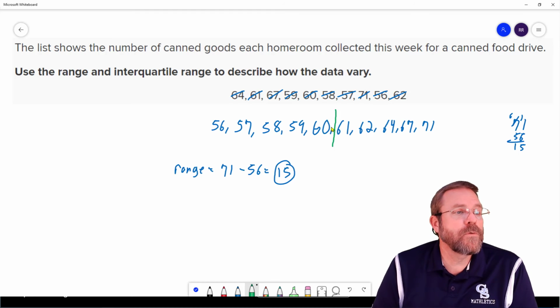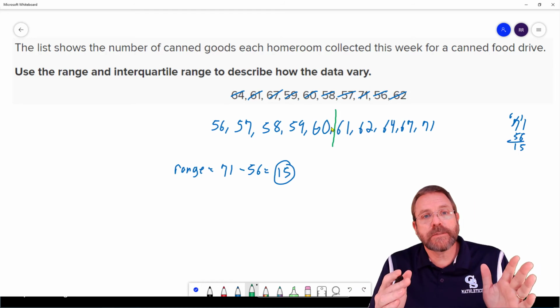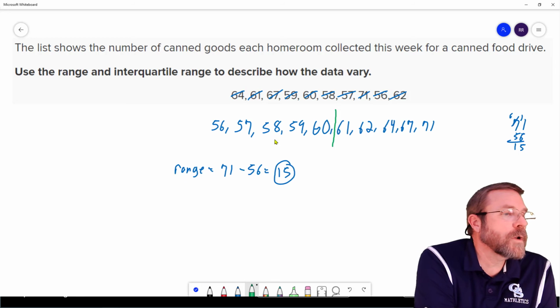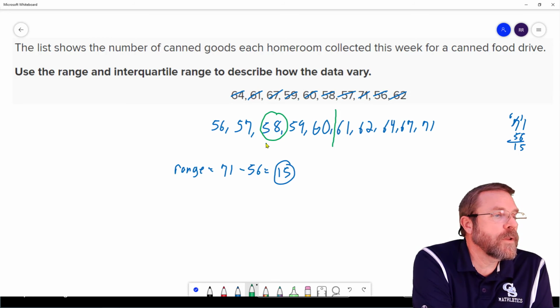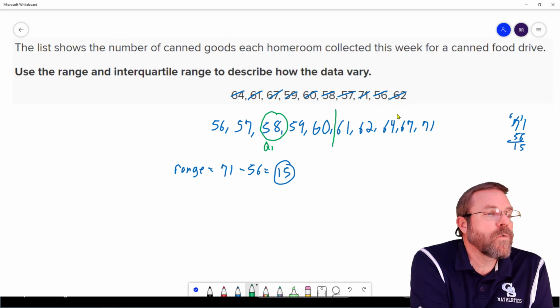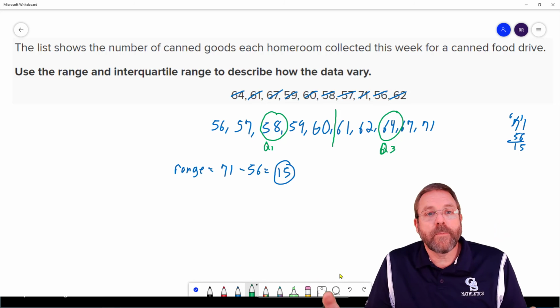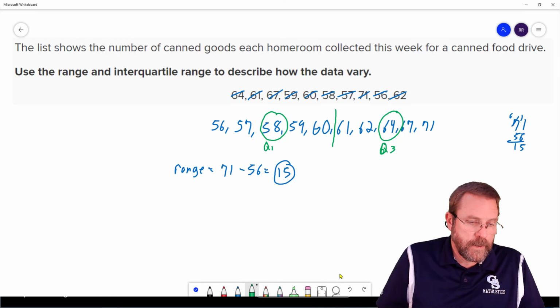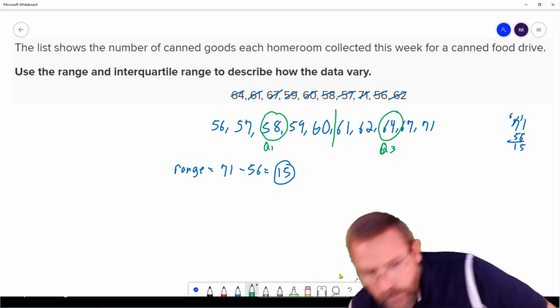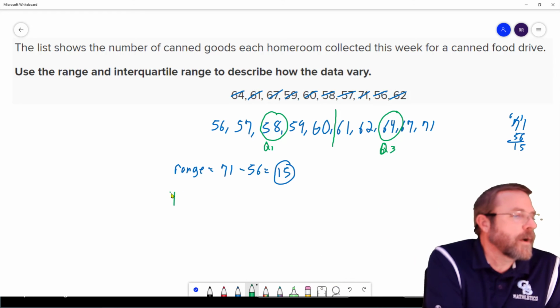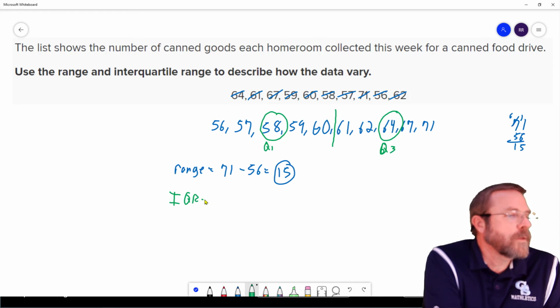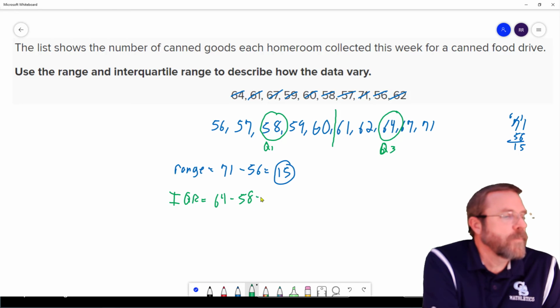I just acknowledge that's the middle, and from here I can find quartile 1, which is going to be 58, and then quartile 3, which is going to be 64, because those are the middles of the lower and upper halves. So the IQR is going to equal 64 minus 58, which is 6.